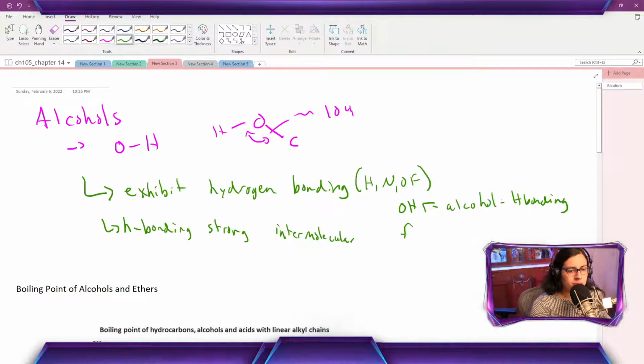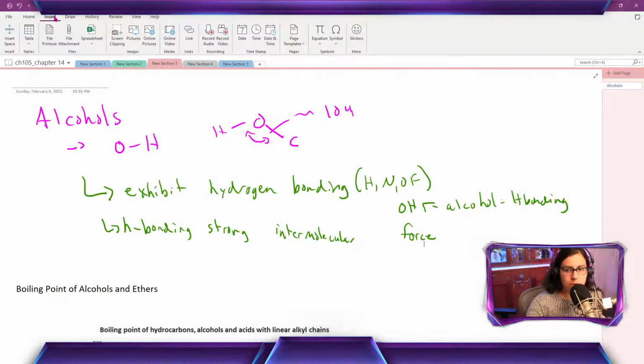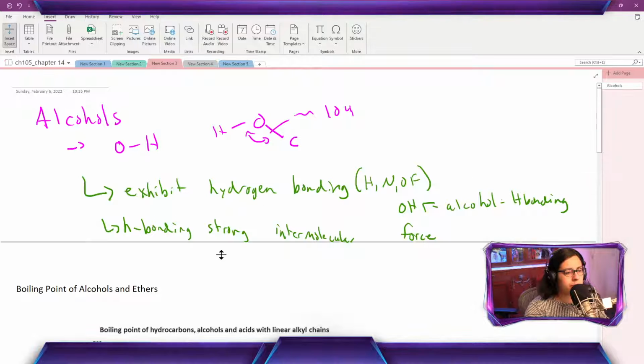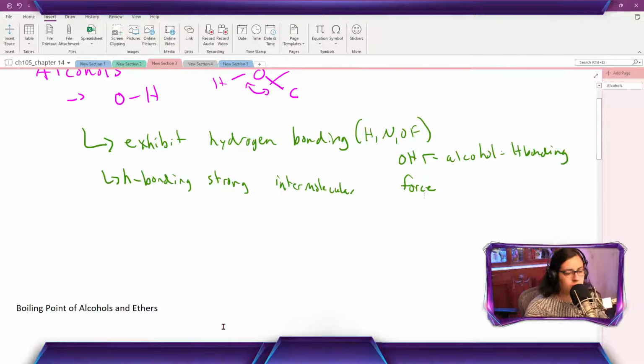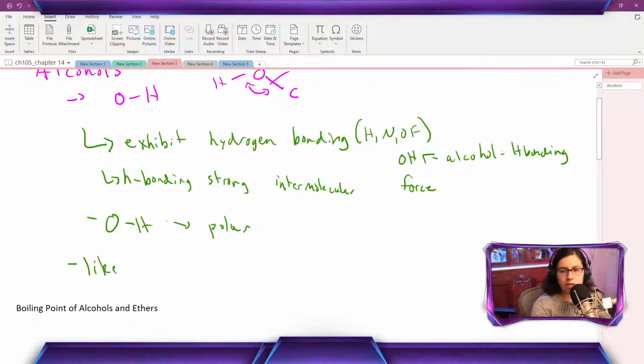And so that helps hold the molecule together within itself, so that gives it a relatively high boiling point. We can also say that this OH, of course, means that it's going to be polar, so any of these alcohols tend to be polar. And then we get this saying, like dissolves like.